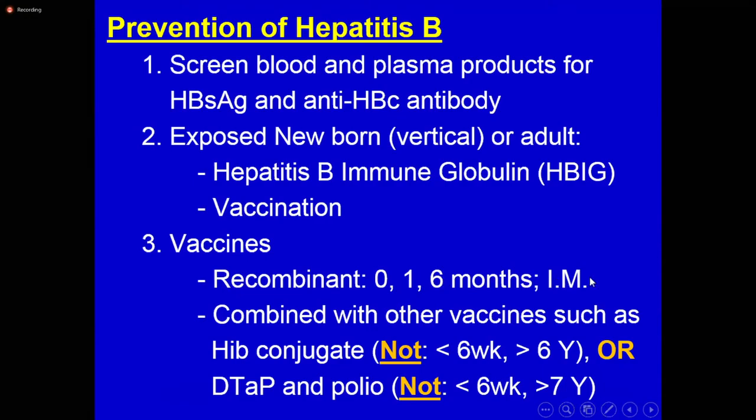intramuscular. This vaccine can be given with other vaccines, such as Haemophilus influenzae type B conjugate, not less than 6 weeks of age, not more than 6 years of age, or with DTaP, not less than 6 weeks of age, not more than 7 years.